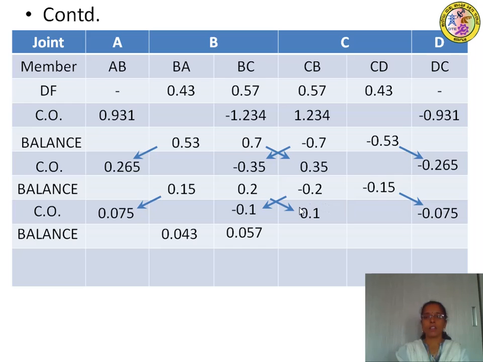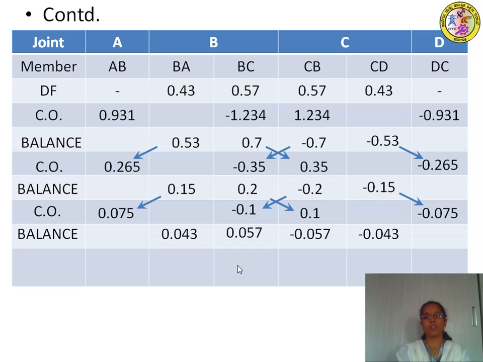And imbalancing moment at C is 0.1, therefore balancing moment will be minus 0.1. So minus 0.1 into 0.57 will be equal to minus 0.057, and minus 0.1 into 0.43 will be equal to minus 0.043. So we have obtained 0.0 something as the balancing moments, so we can stop at this level.